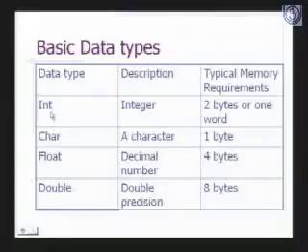One is the integer, in order to interpret a variable as an integer. The typical memory requirement here is mentioned as a word. Suppose it is 2 bytes, like 16 bits, it will occupy. If in any computer the word length is 1, then you can interpret that integer as 1. Otherwise it is 2 bytes.